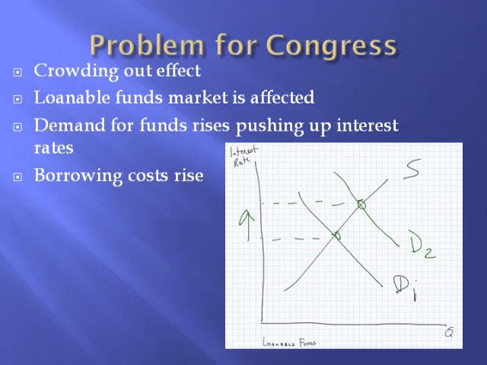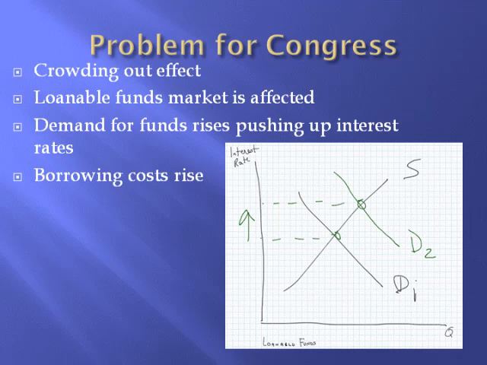Well, when Congress conducts fiscal policy, obviously there's the problem of how to balance the budget, whether they should balance the budget. But there's another, more fundamental problem when it comes to running deficits. It's something we call the crowding out effect. The crowding out effect is manifested in something called the loanable funds market.